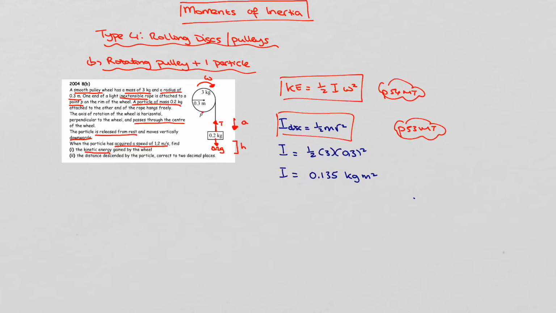Okay, and we also need to get omega. Now, we don't have our angular velocity, but what we do know is that we can look at the relationship between our velocity.